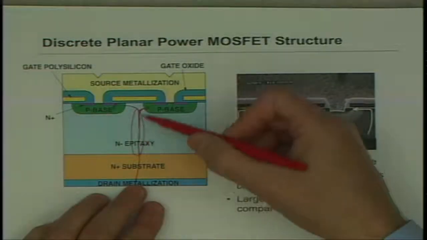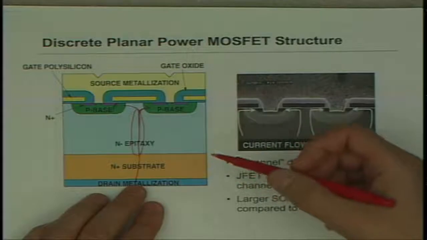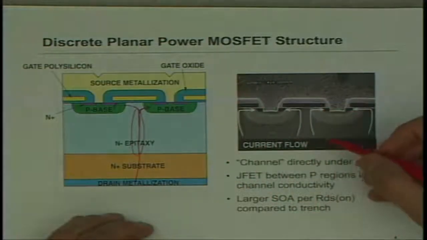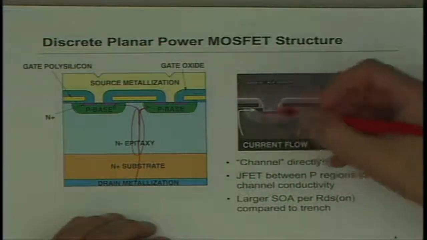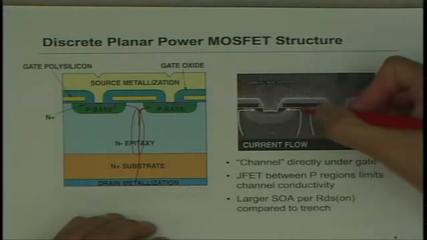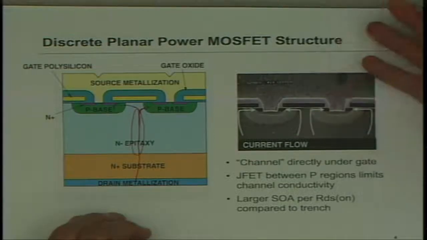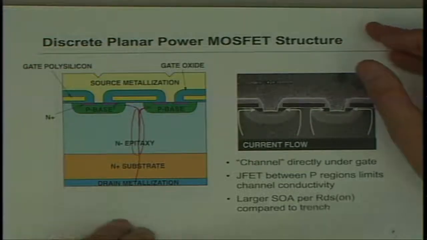As well, this behaves kind of like a JFET region that I know is in your textbook. So all the action happens right here under the gate, and this is where the applied field kind of throttles the flow of electrons and pinches it off or allows it to flow.